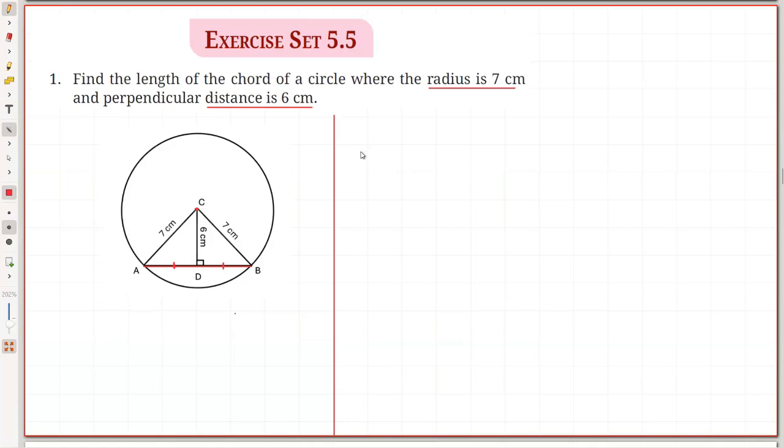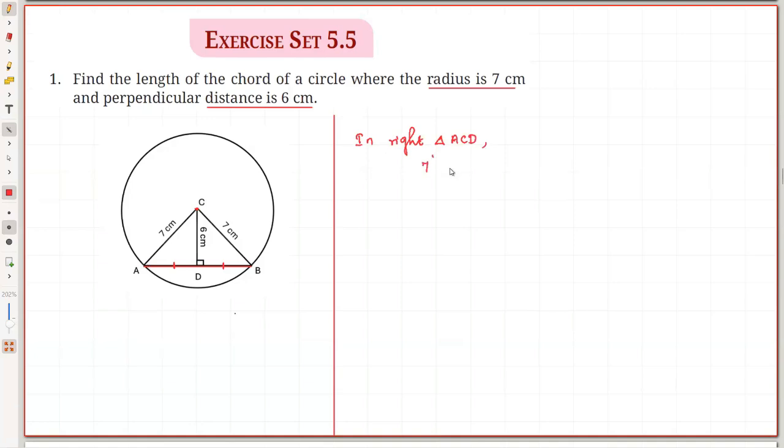So in right triangle ACD, I am applying the Pythagoras theorem. What is the Pythagoras theorem? Hypotenuse square is equal to the sum of the other two sides' squares.